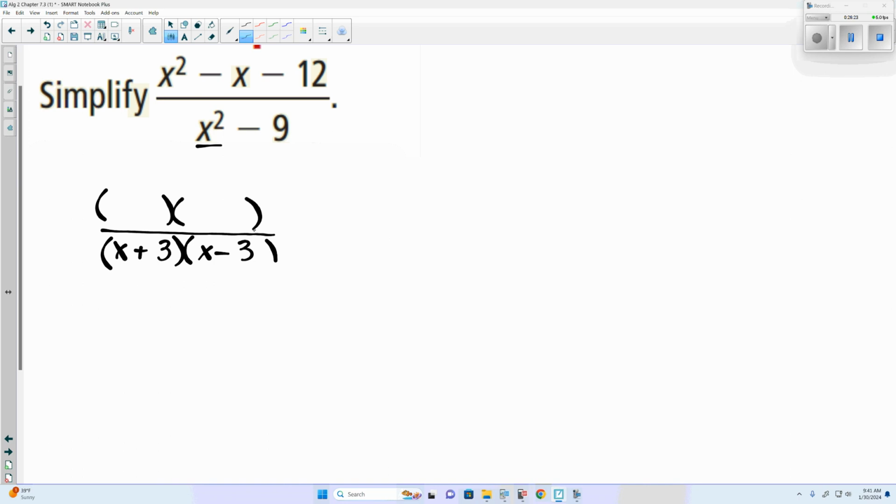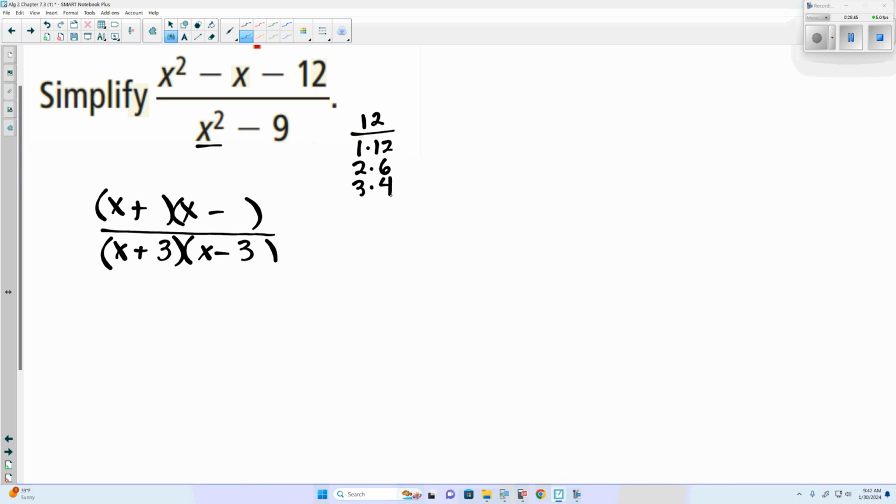And this kind of helps us get an idea of what the numerator should be. Because x squared minus x minus 12, the 12 does tell us the signs are opposite. X squared is x and x. Factors of 12 are 1 and 12, 2 and 6, 3 and 4.